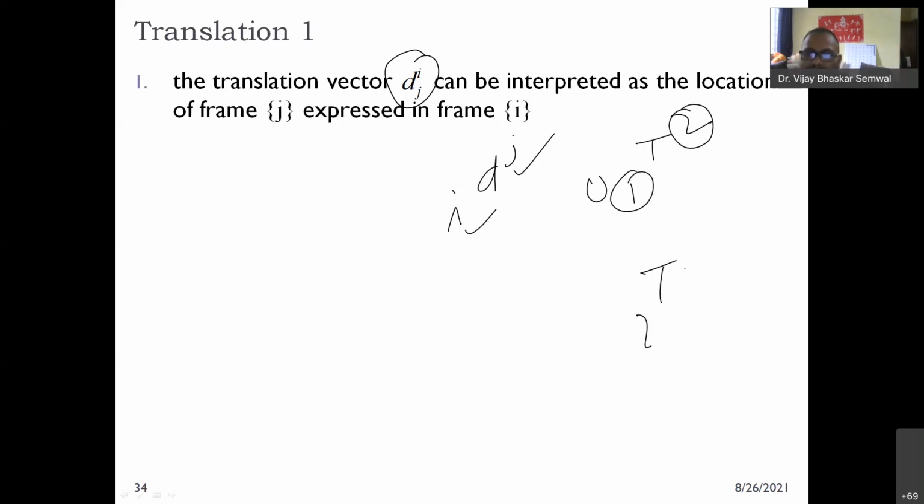Somewhere you find it like this also, but we'll use a uniform format. So let us stick with their notation. dij means they are expressing the location of frame j in frame i.